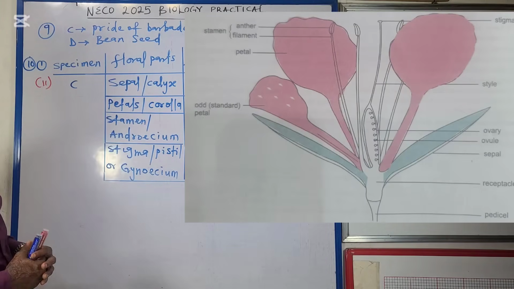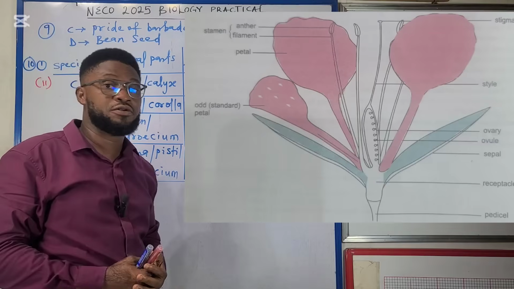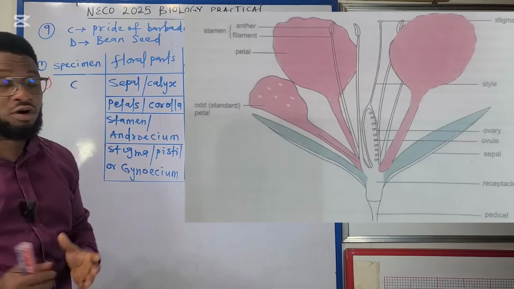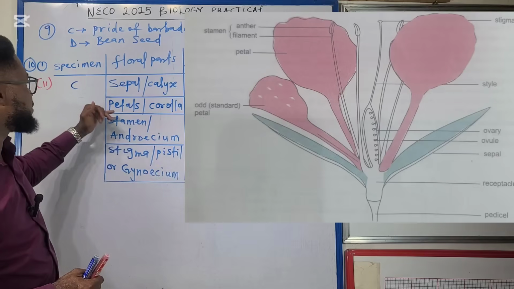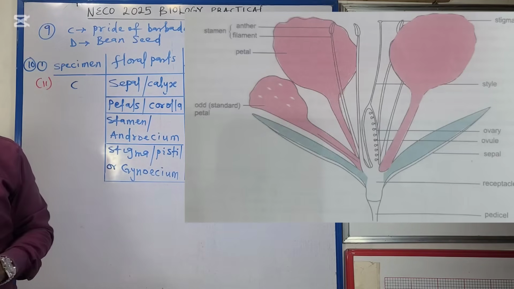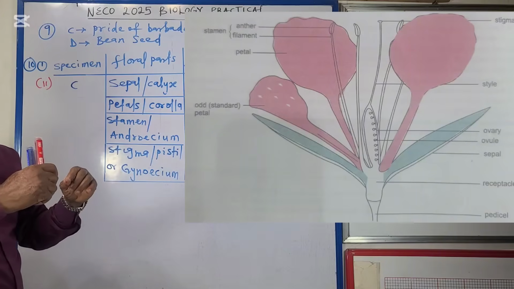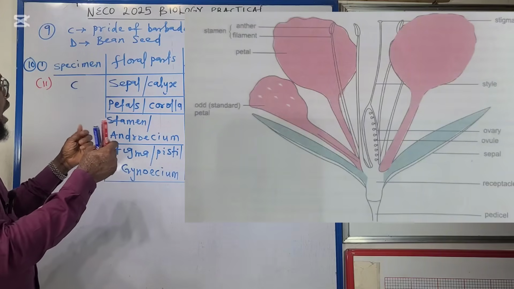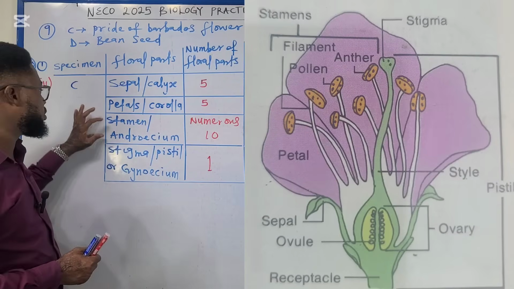Depending on the flower you're given at your specific center, you have the petals or the corolla. The petals or the corolla are the bright, colorful part of the flower. So petals or corolla. You have the stamen or the androecium.